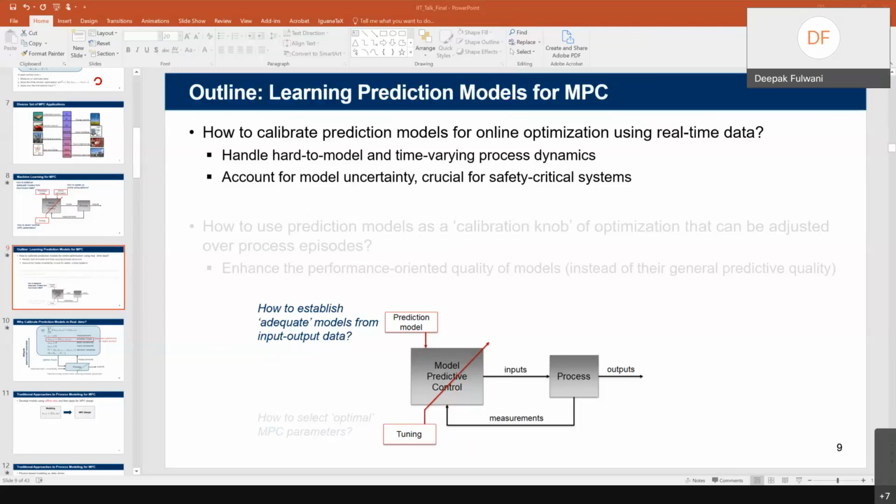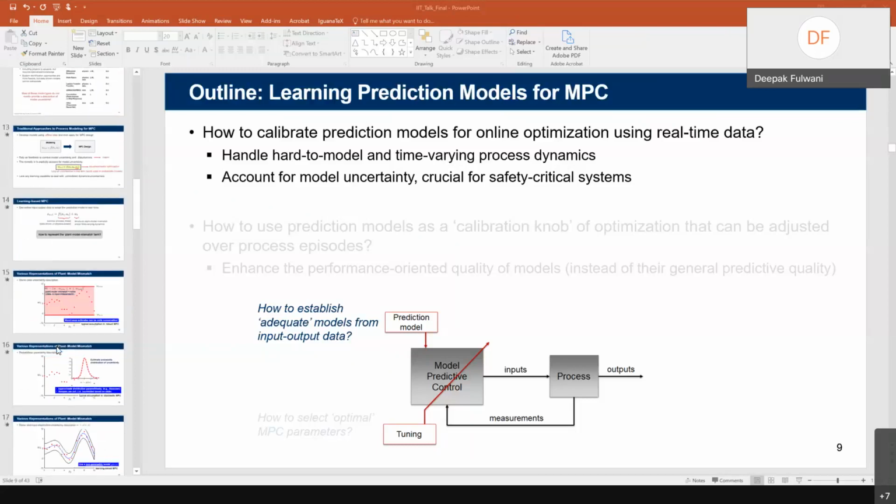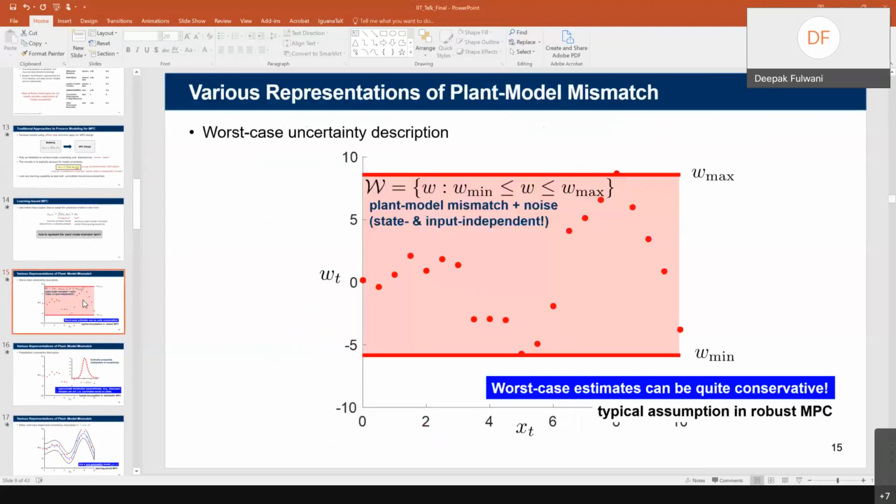And if I can't estimate everything, then there are ways by which we can handle the remaining uncertainty in your model by designing a robust controller. So the combination of these two can actually handle the class of problems you discussed in your presentation.